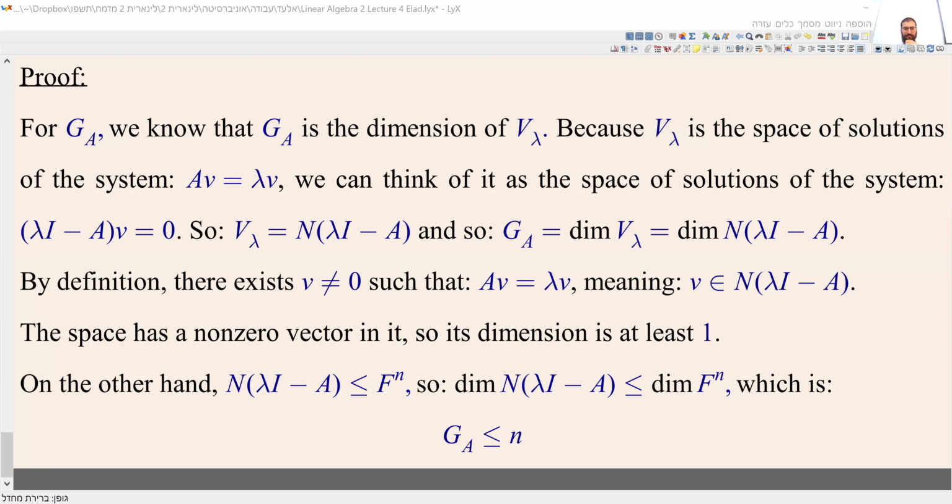So the geometric multiplicity is between 1 and n, as I claimed.